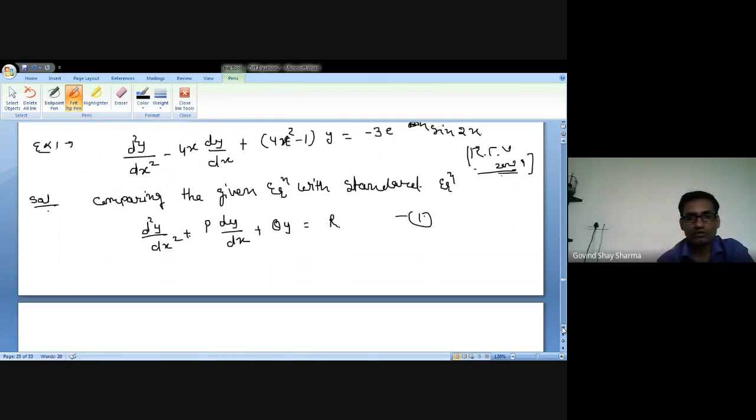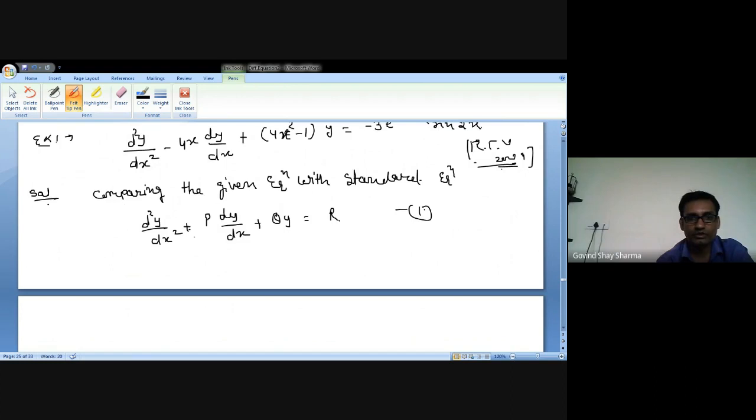Now p is equal to minus 4x, q is equal to 4x square minus 1, and r is equal to minus 3 e to the power x square sine 2x.